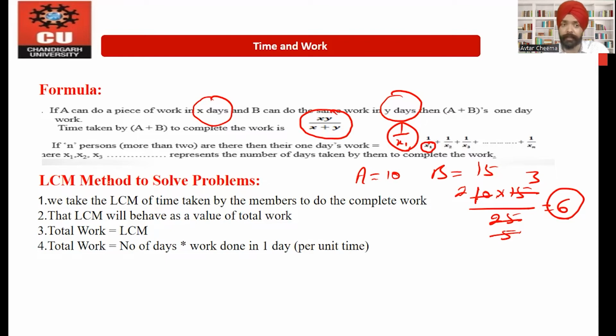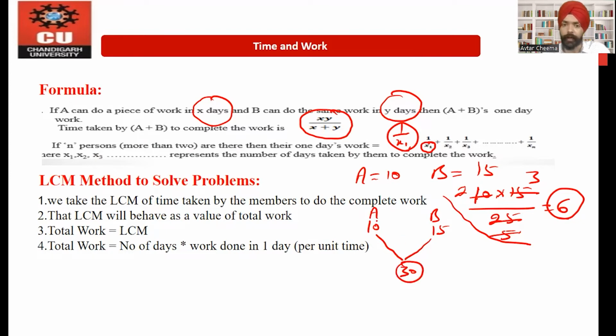Next is the LCM method to solve the problem. Same question, if I have to solve through the LCM method, what will be the concept? For example, A can complete the work in 10 days and B is completing the work in 15 days. What will be the LCM of these two numbers? LCM will be 30.